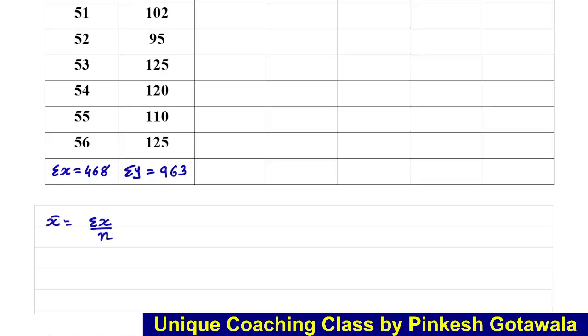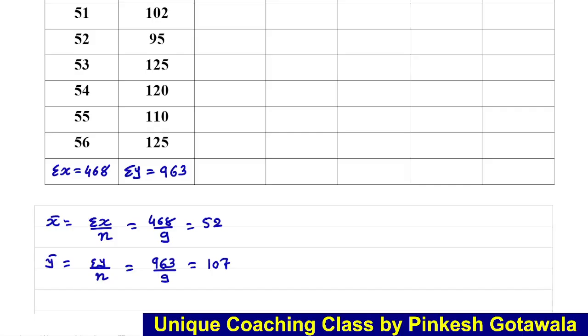Let's find out x bar and y bar. Sigma x divided by n, 4, 6, 8 divided by 9, so the answer is 52, and y bar is 107. So here x bar and y bar both are integers.